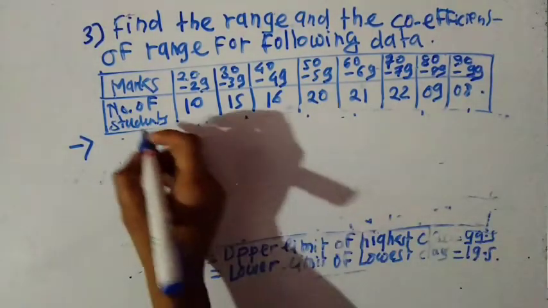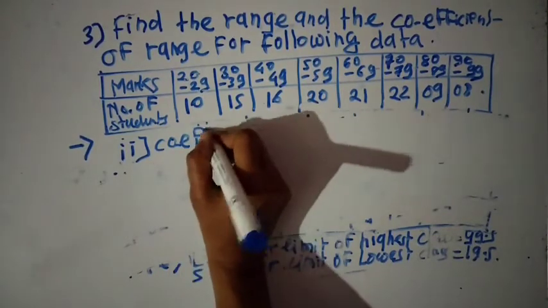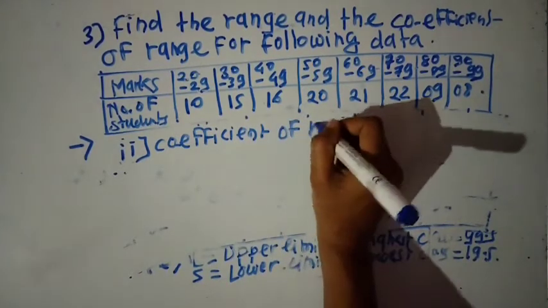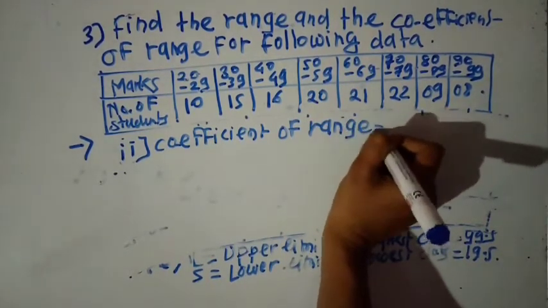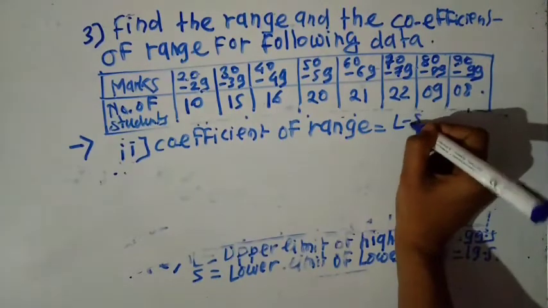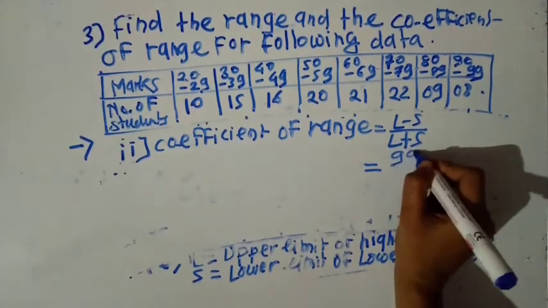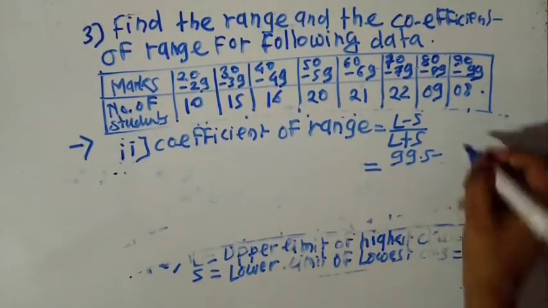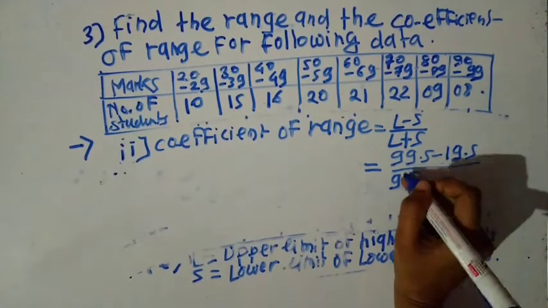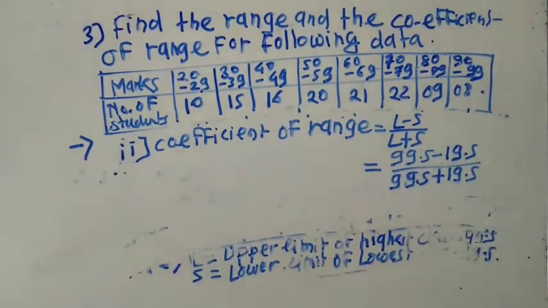And second, we find out the coefficient of range, which is equal to L minus S upon L plus S. Here L is 99.5 minus 19.5 upon 99.5 plus 19.5.